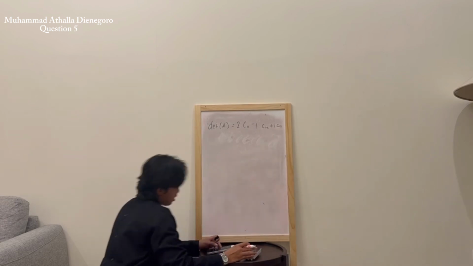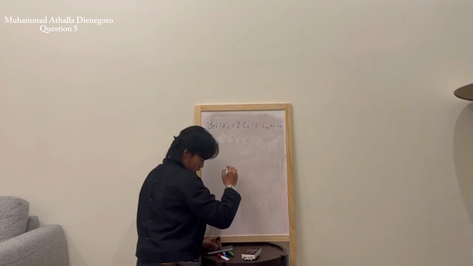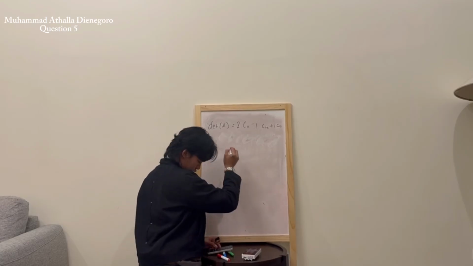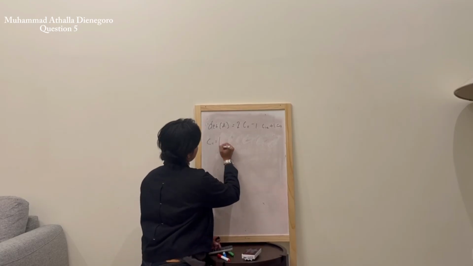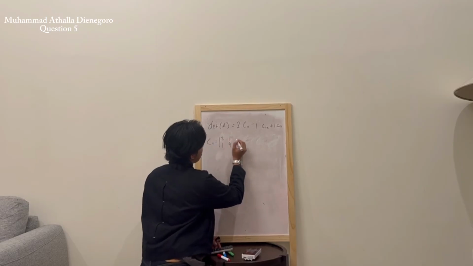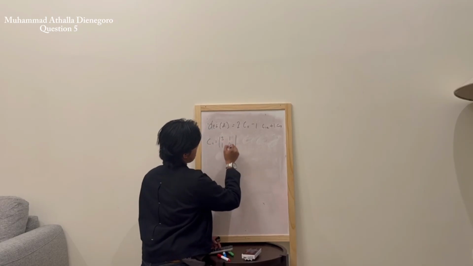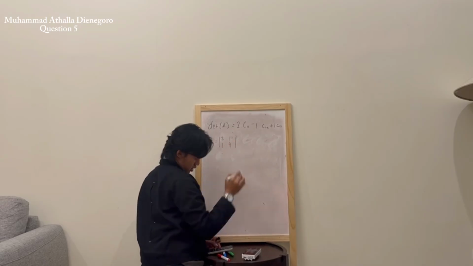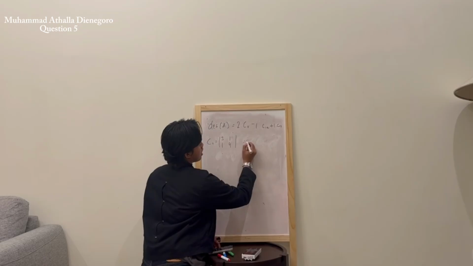Alright. So for number 4, C11 equals the determinant of 3, 1, 1, 4. We multiply like this, with this and then this, so the result is 11.